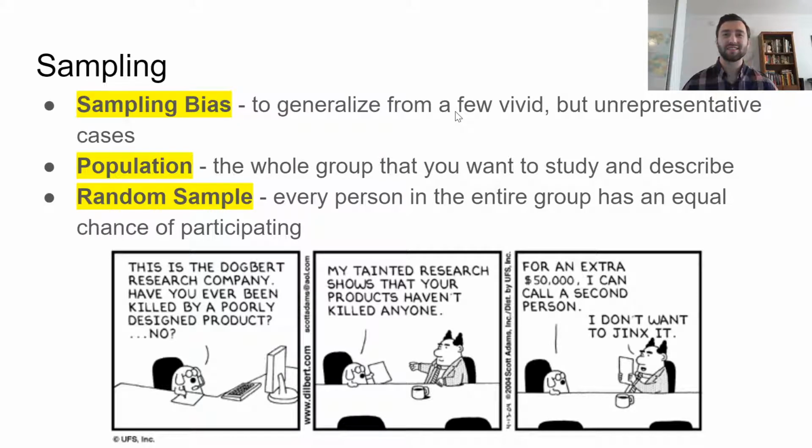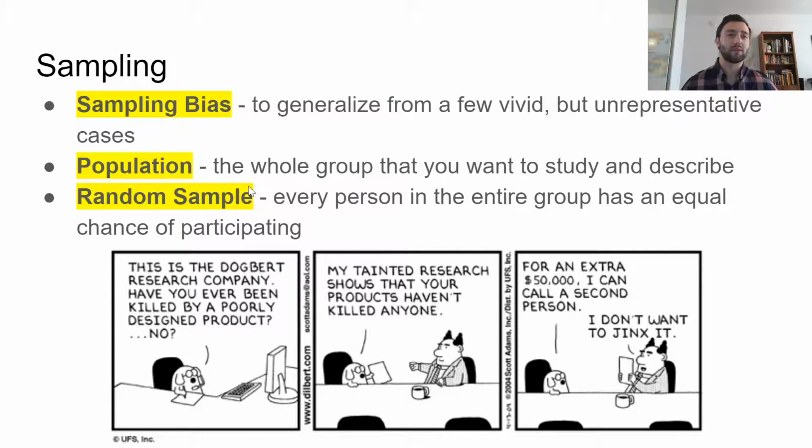I think it's less than 10 people every single year that get killed by a shark, right? But that's a really vivid thing. A lot of people think about being attacked by a shark when they go swimming in the ocean. That's sampling bias. We have these really vivid pictures of something, or things that we remember, but they don't represent the majority of what's happening.